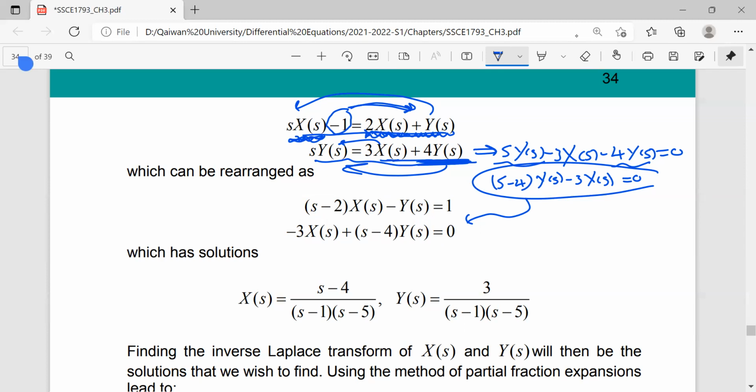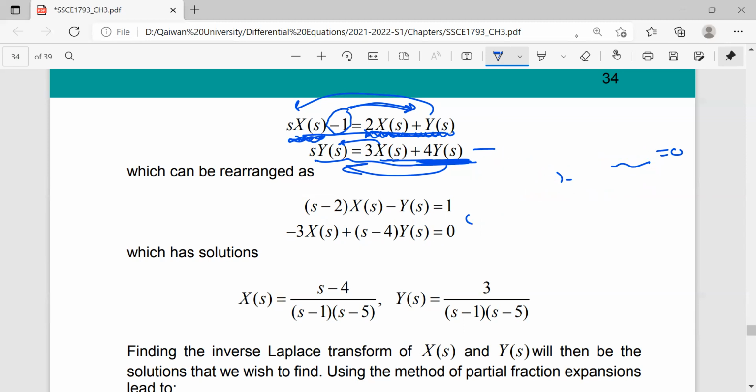For Cramer's rule, we just take the coefficients of x of s and y of s to be the matrix A. So matrix A, I'm going to remove these to write down the matrices here. We say A equals s minus 2, then minus 1.